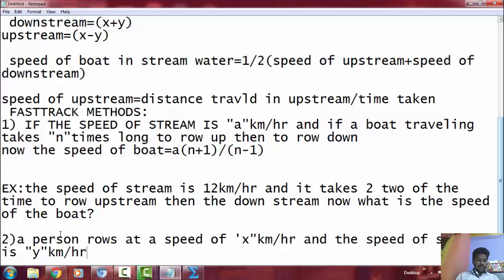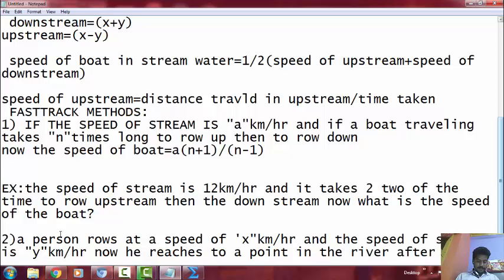Now he reaches a point in the river after time t.